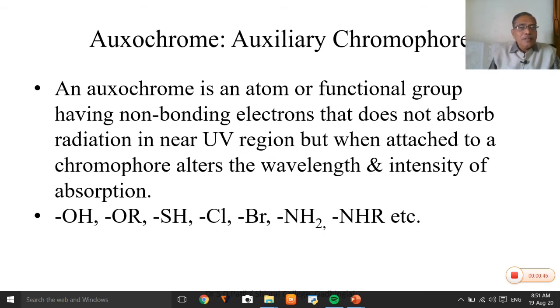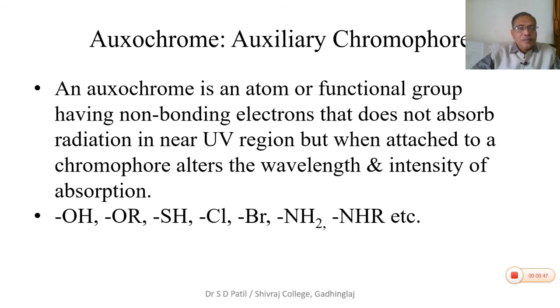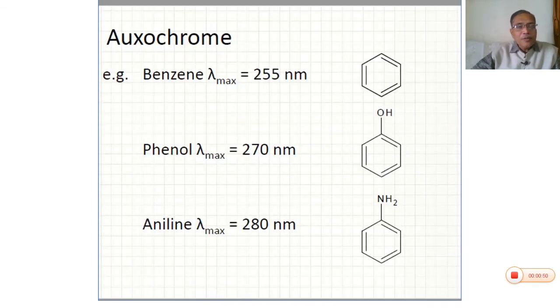So this is an example of chromophore and auxochrome. You have a benzene molecule. It shows absorption around 255 nanometers.